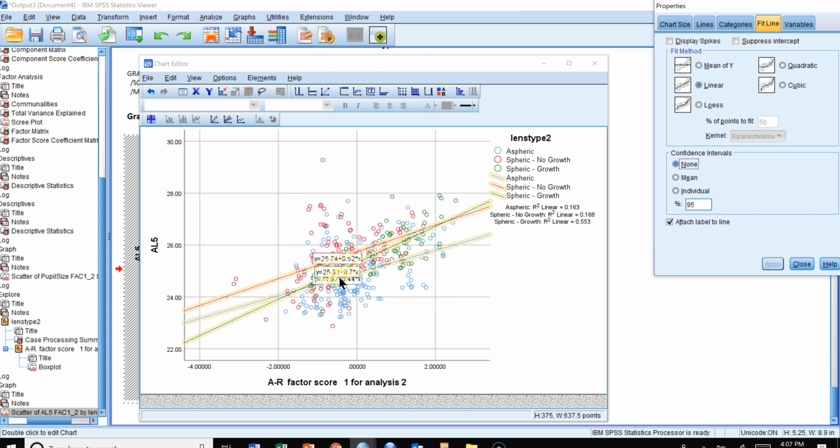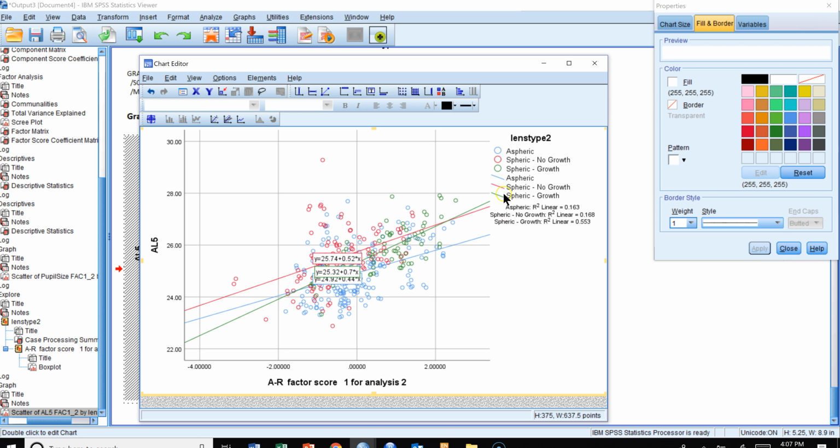And we're accounting for 16.553%. So for our aspheric, the factor score line, the blue line, is a little flat. It's flatter.